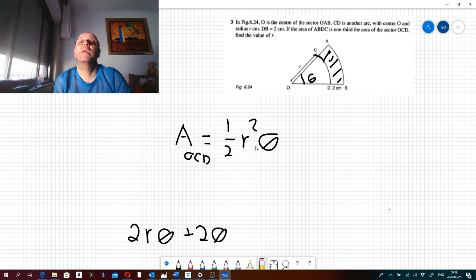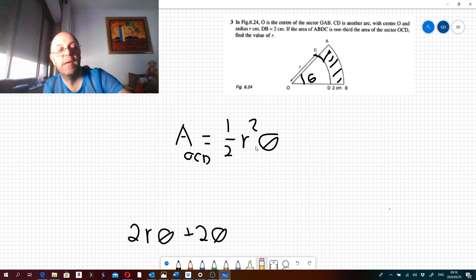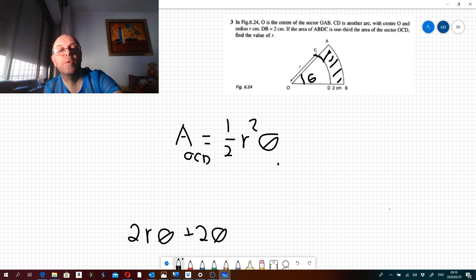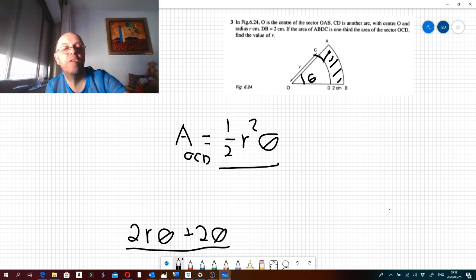Now they told us something about this shaded area. They said it was 1/3 the area of the sector. So we've got the area of the sector, that's here, the half r squared theta, and we've got the area of the shaded region, and we know that this area that I've just underlined is 1/3 the area of the half r squared theta.